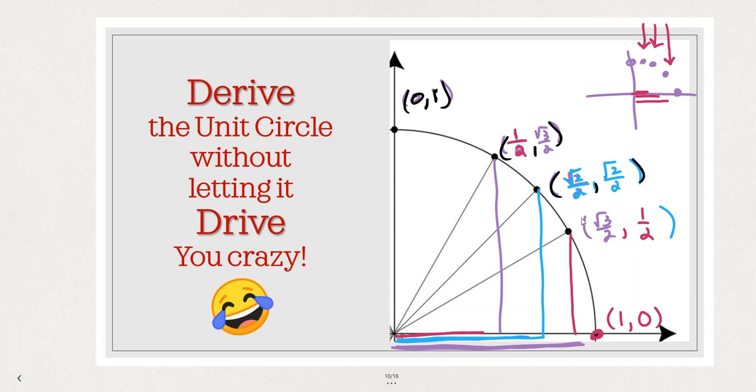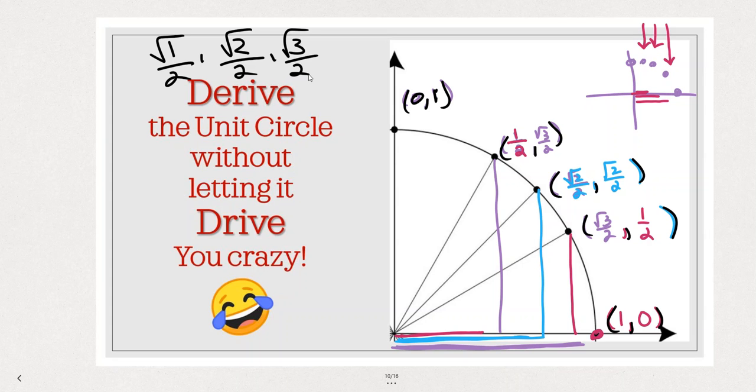You see these 5 different ordered pairs here, all in quadrant 1. And that's how we see a 1, 2, 3. Square root divided by 2.